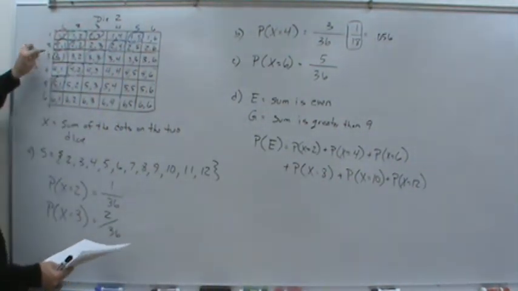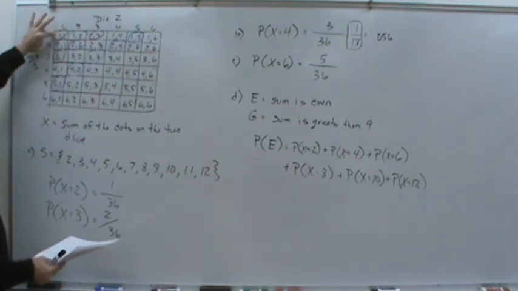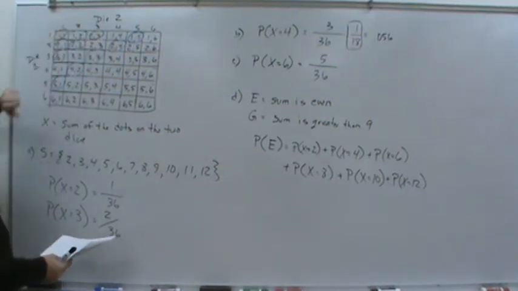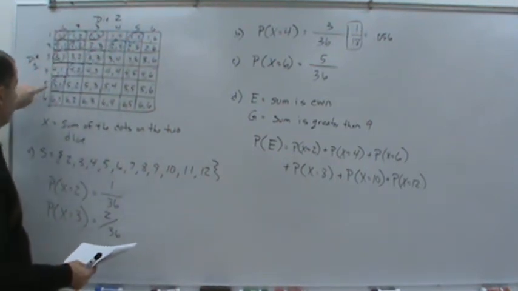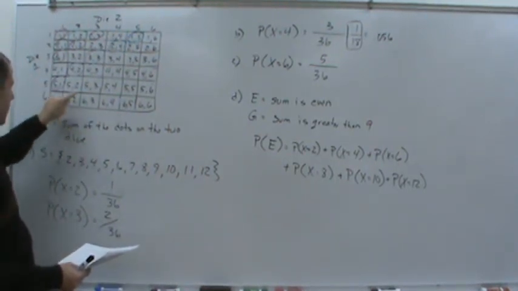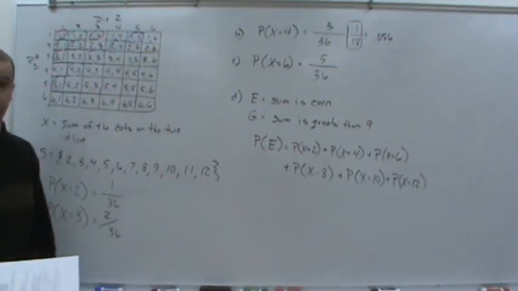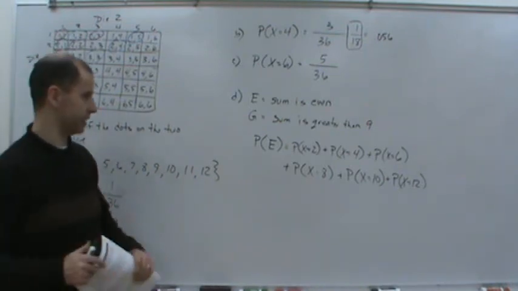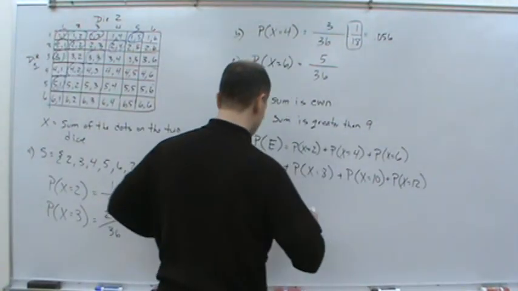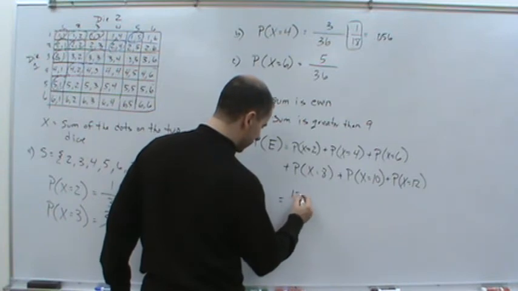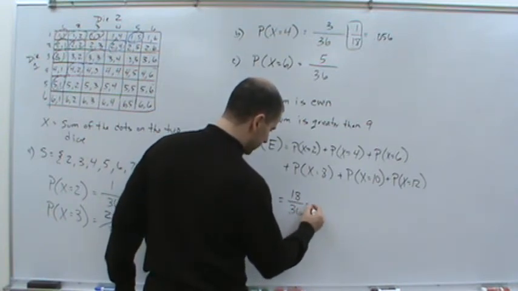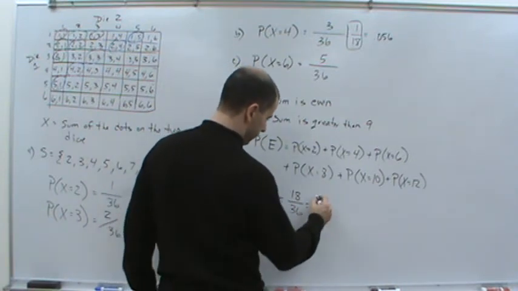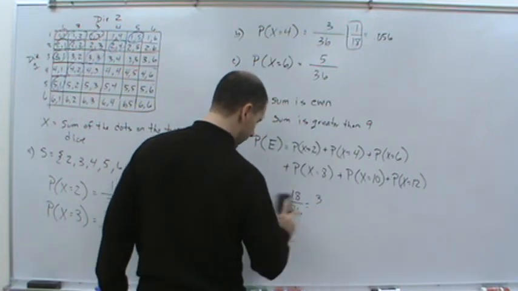Well, I know this sum gives me an even number, these 3 give me an even number, these 5 give me an even number, and I just keep skipping, right? And I get 18. So the answer is 18 out of 36, which is what? Oh, 1/2.